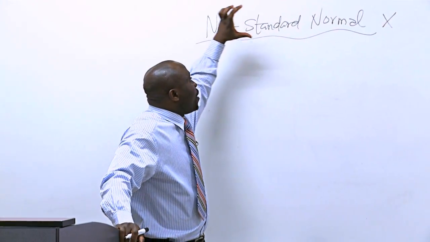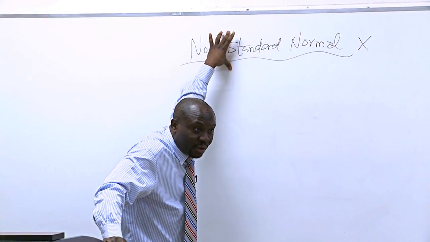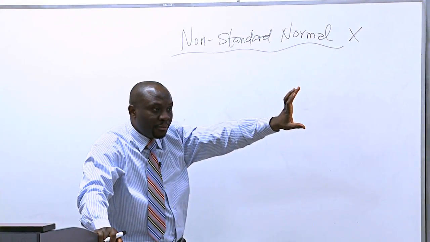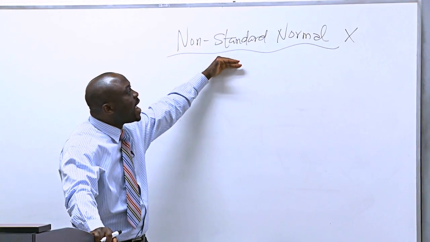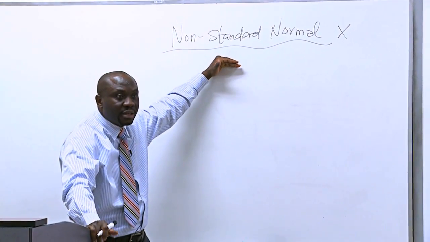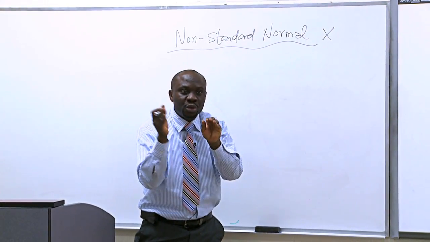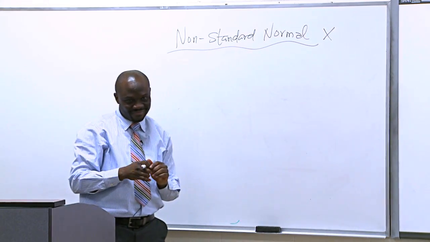Simple. Since we do not have a table for the non-standard normal, only for the standard normal, anytime we get any random variable that is non-standard, we will convert it. We will change it to standard normal.